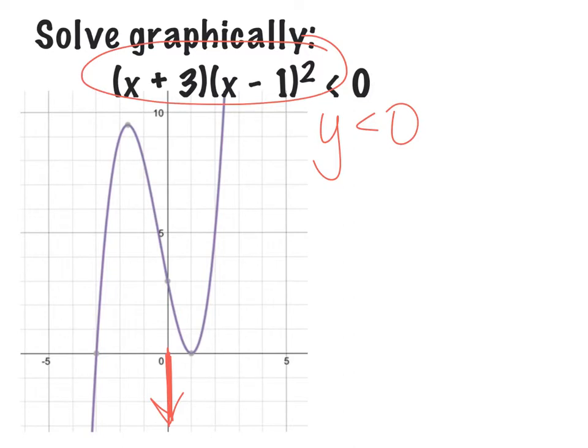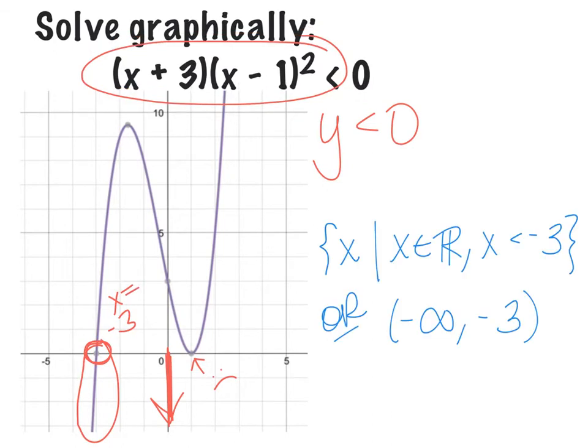Now I notice that really that only happens here. If it was less than or equal to 0, it would include this point, but it's not because it doesn't have that equals to part. And it also won't include this point. But I notice that it is at negative 3, or x equals negative 3. So I can express that in two different ways.